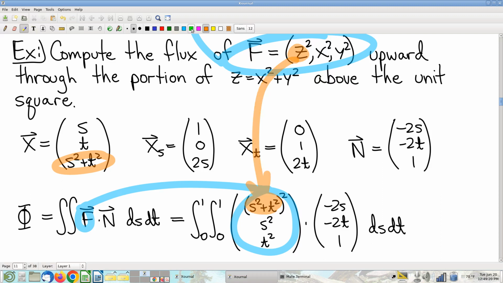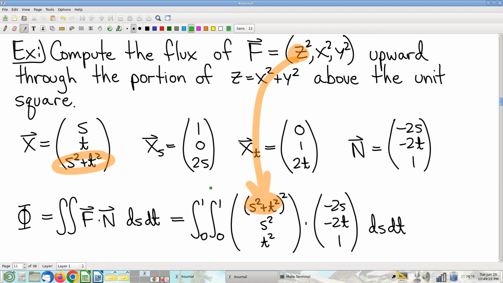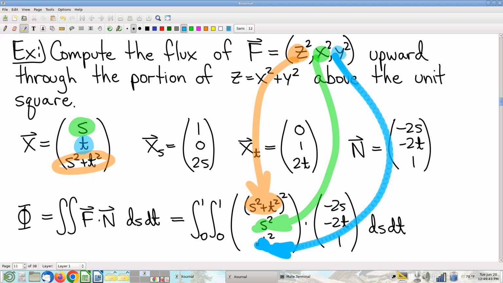And likewise, where you see x, you've got to plug in what x is. X is s. And likewise, y, what is y? Well, according to the parameterization, y is t. Is everybody good?